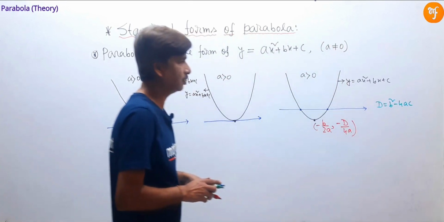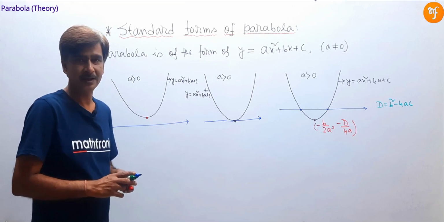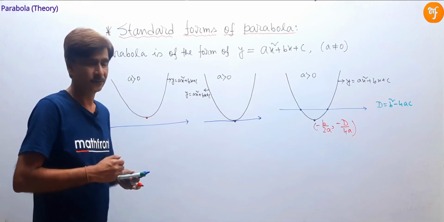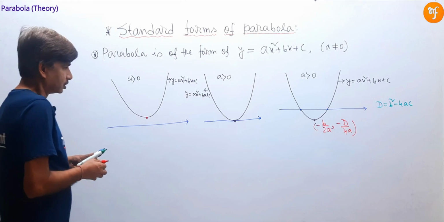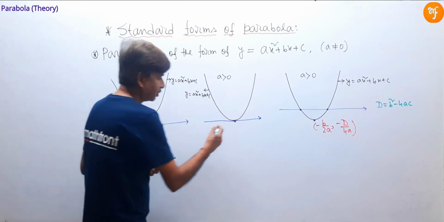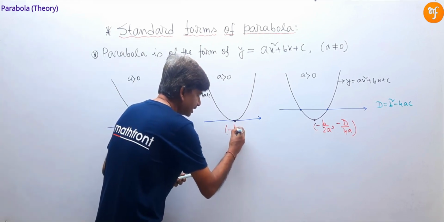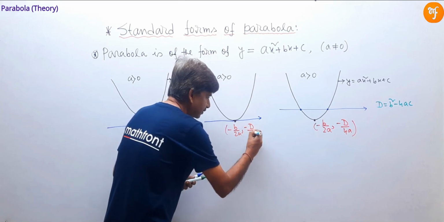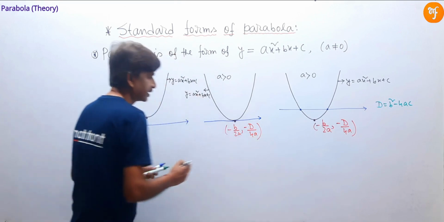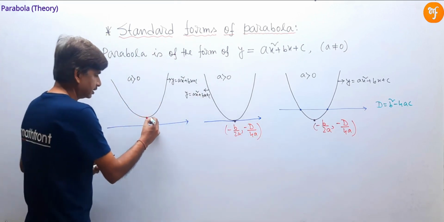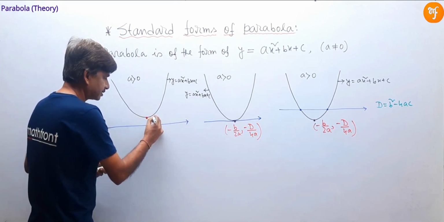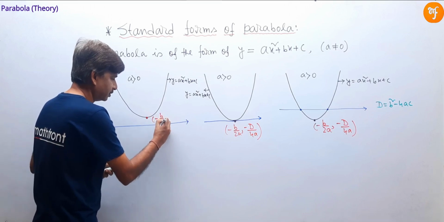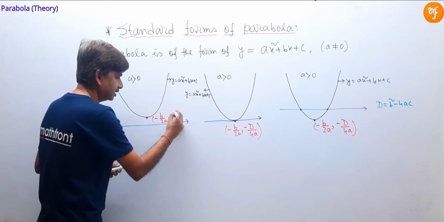Okay, so what is the value of D? The value of D is equal to b square minus 4ac. So here also the coordinate of the vertex is minus b by 2a comma minus D by 4a. Here also the vertex is minus b by 2a comma minus D by 4a.